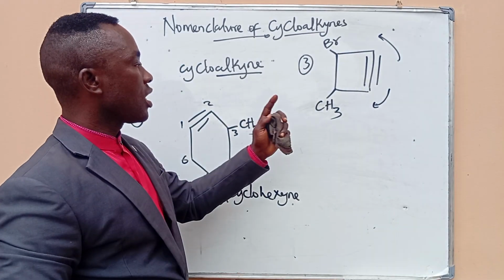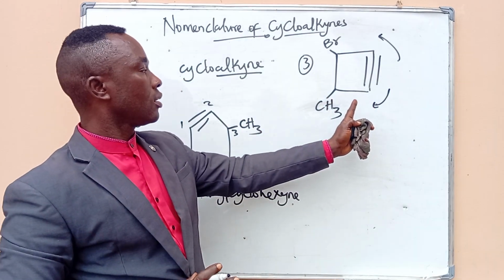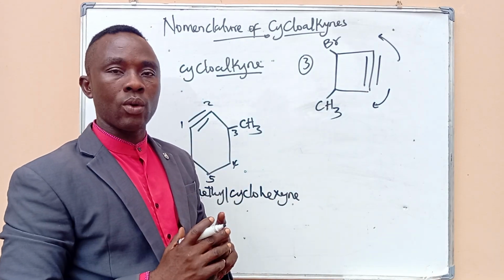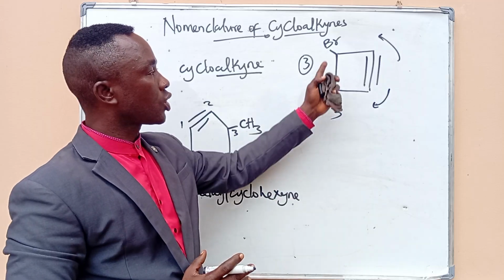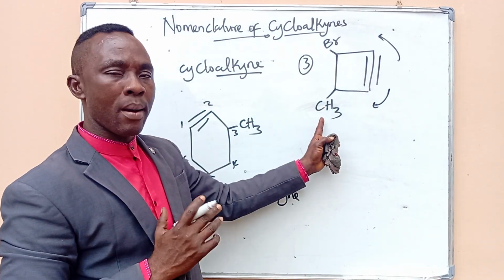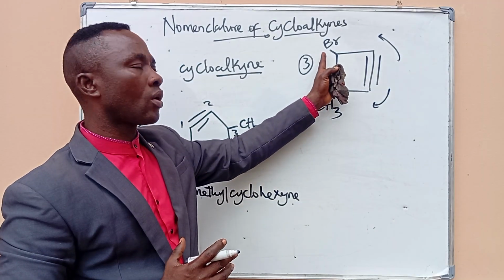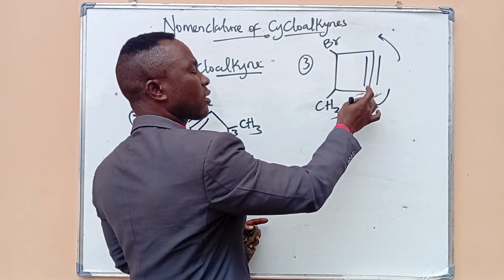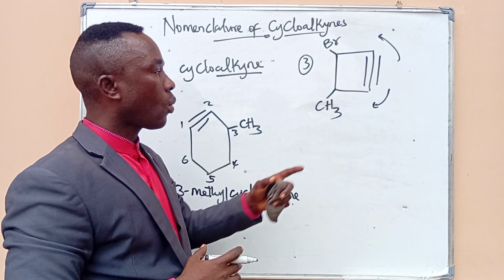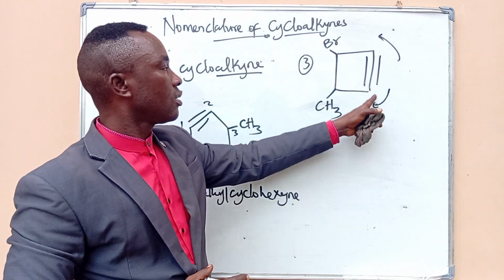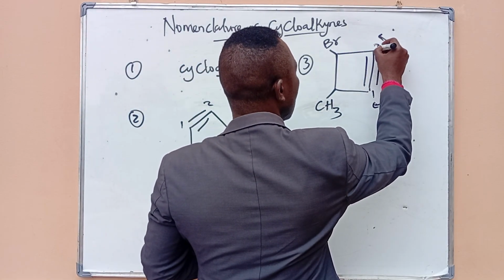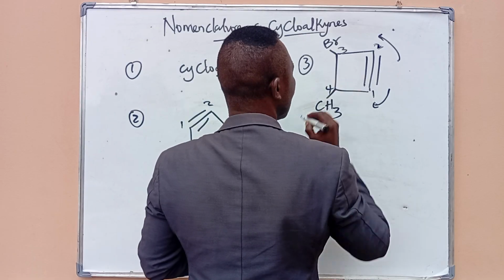Now, if the substituent is in number 3 position from either side, then we consider alphabetization. Which of these alphabets comes first? Is it B for bromo or M for methyl? You can see that B comes first. So we number to give bromo the least number possible, while considering the triple bond. So this is number 1, and this is number 2, this is number 3, and this is number 4.